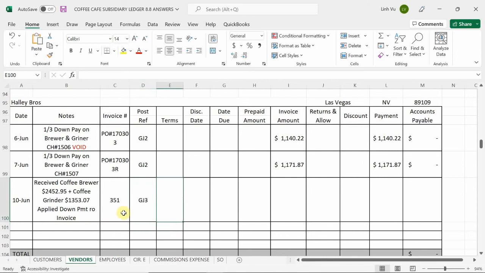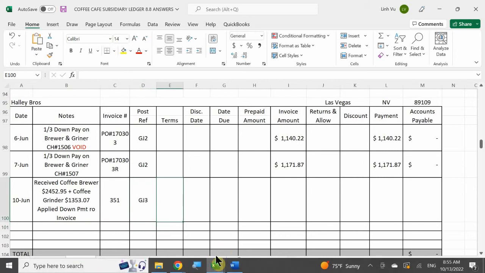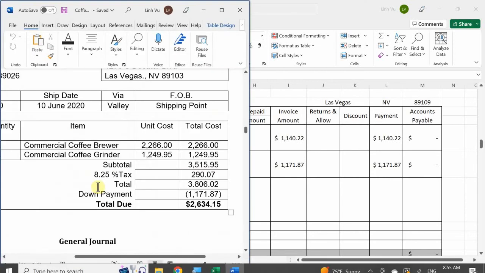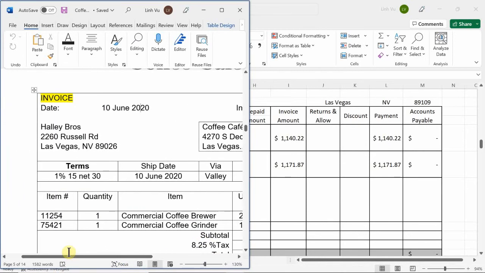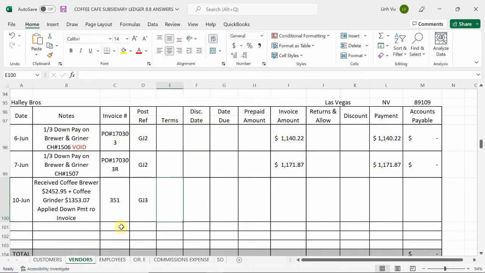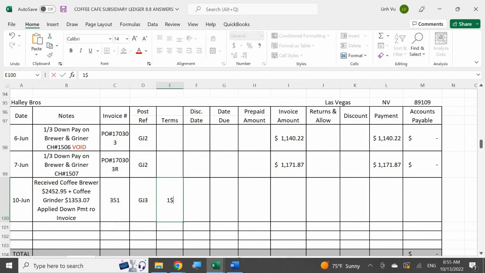Were we given terms? Yes. What was it? 1% after 15 days and net 30, you have to pay it in full. Good, right? So we get a 1% opportunity for a discount if we pay within 15 days.